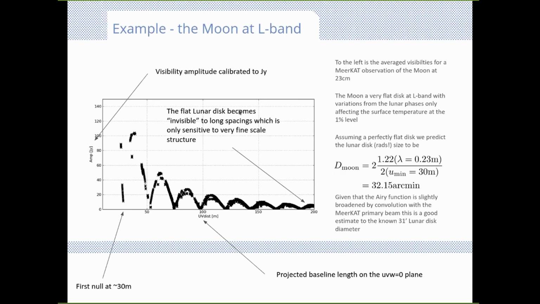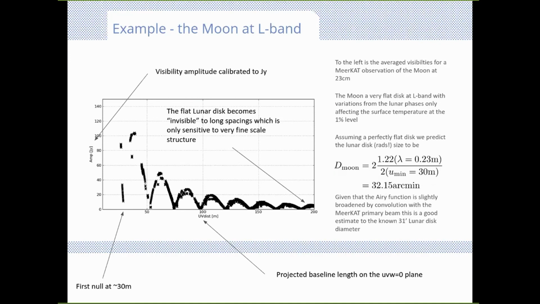And then as we had before, we're going to set this equal to where this Airy function, so the Bessel function, has its first null. So we can work out exactly the diameter from this measurement that we've taken. It's about 32.15 arc minutes.